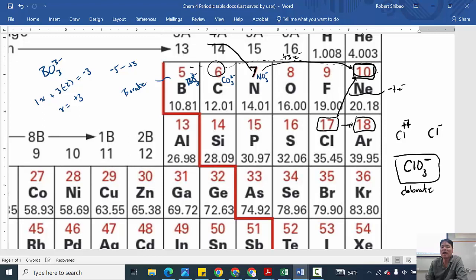Has chlorate been maxed out? Let's take a look. We have 1 chlorine at X plus 3 oxygens at -2. This has to add up to -1. What is X? +5. Has it been maxed out?